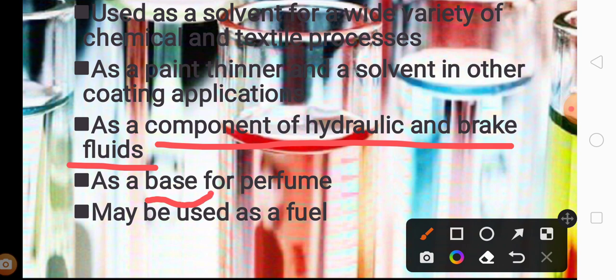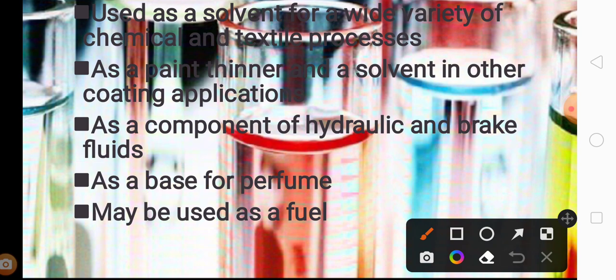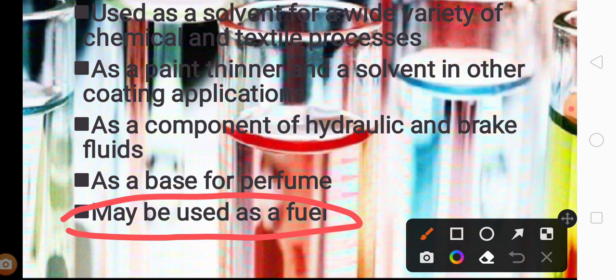It is being widely used as a base for perfumes, deodorants, etc. And last but not least, butanol may also be used as a biofuel to reduce environmental pollution.